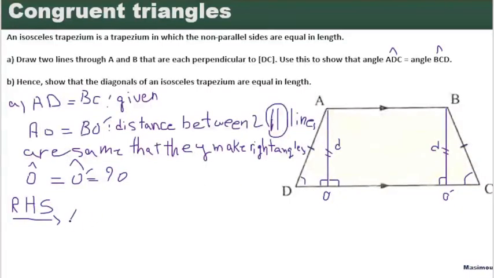So I say triangle AOD is congruent to triangle BO prime C. For any congruent triangles, corresponding sides and corresponding angles are equal.